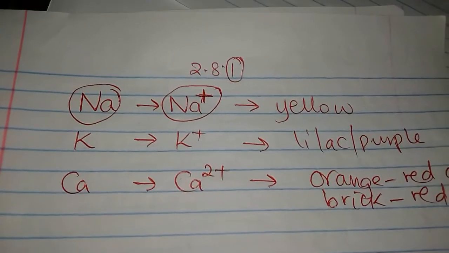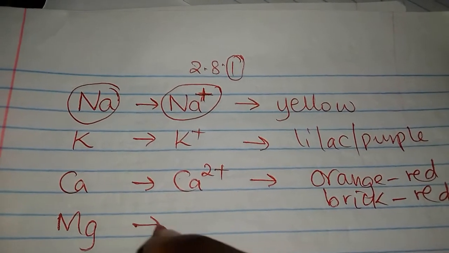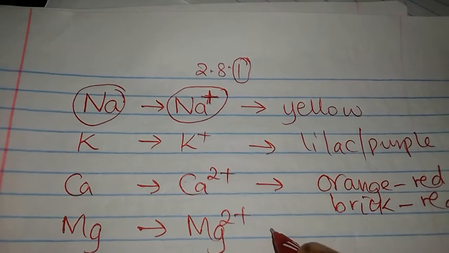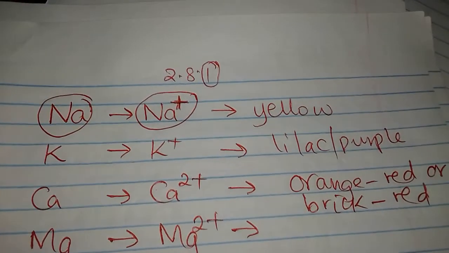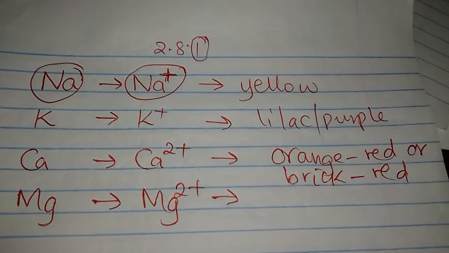If I go to something else like magnesium, this is also a group 2 element, or an alkaline earth metal member.